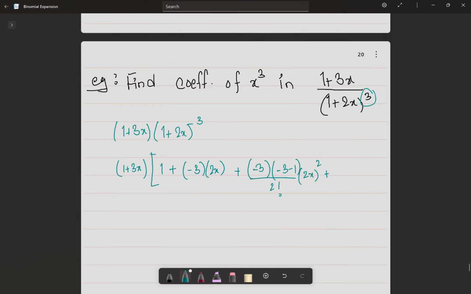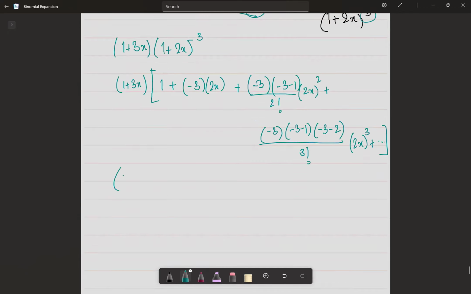Then we have n minus 1, n minus 2 divided by 3 factorial into 2x cube. We won't continue any further because we were asked to find the coefficient of x cube. So we will stay till the term in x cube.